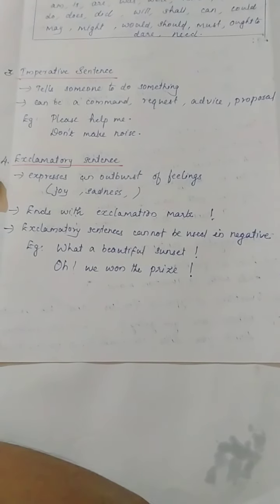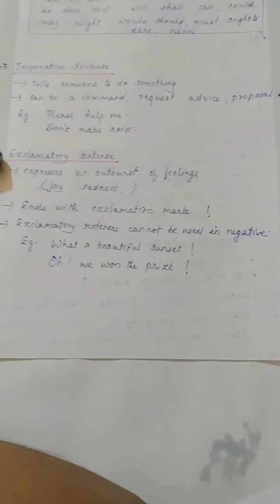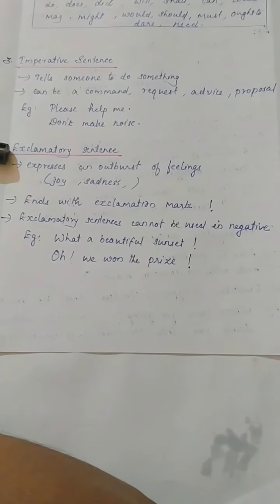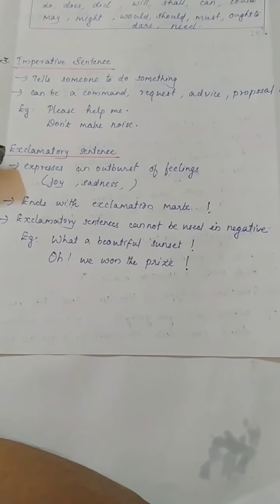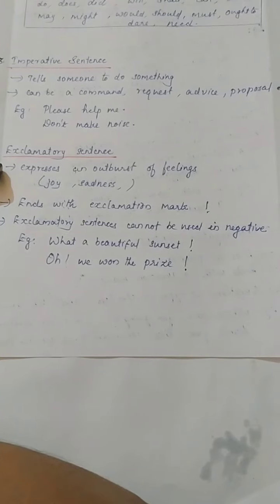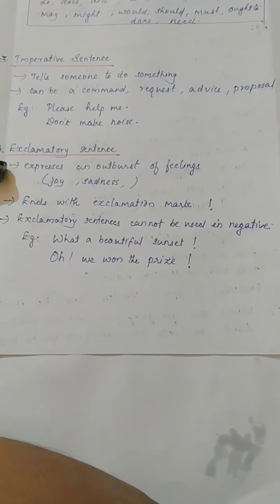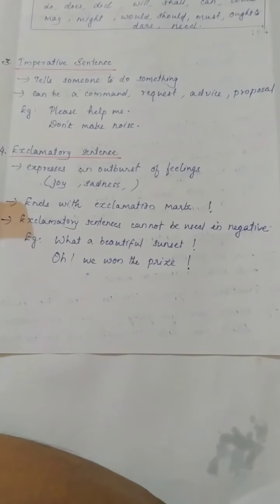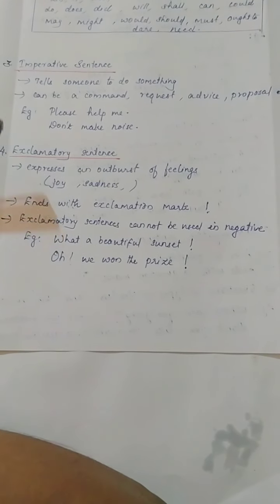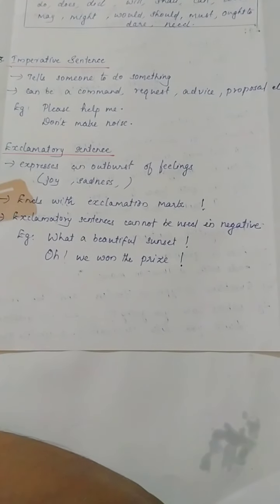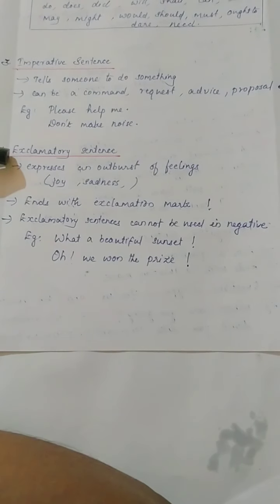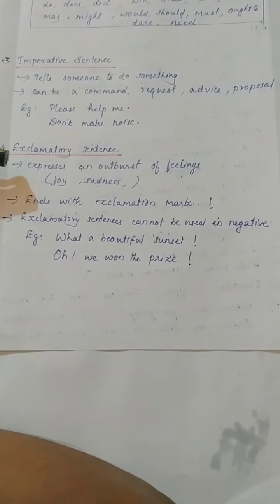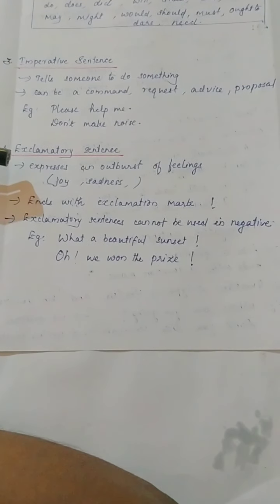And the last form of the sentence is known as the exclamatory sentence. What is an exclamatory sentence? Exclamatory sentences express an outburst of feelings. If we are expressing our feelings like joy, sadness, or excitement through sentences, that kind of sentence is known as an exclamatory sentence. It expresses an outburst of feelings.